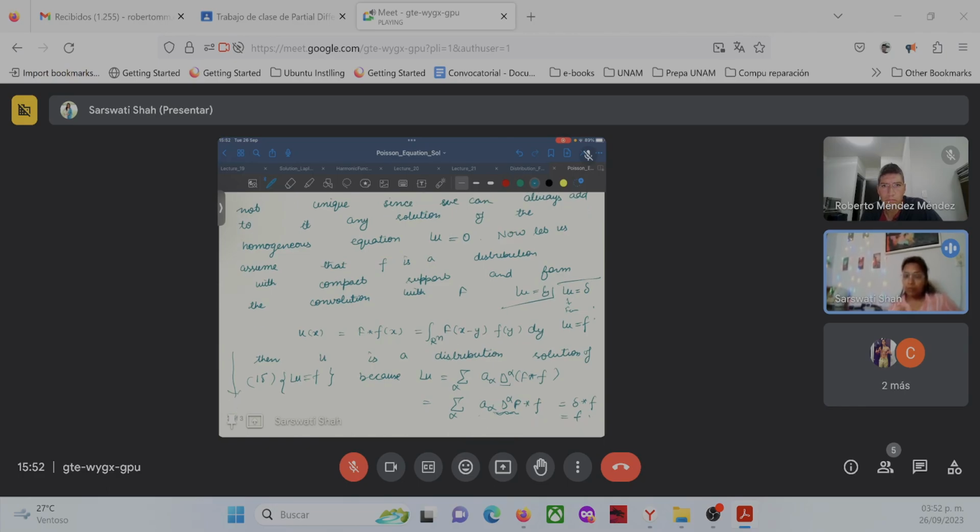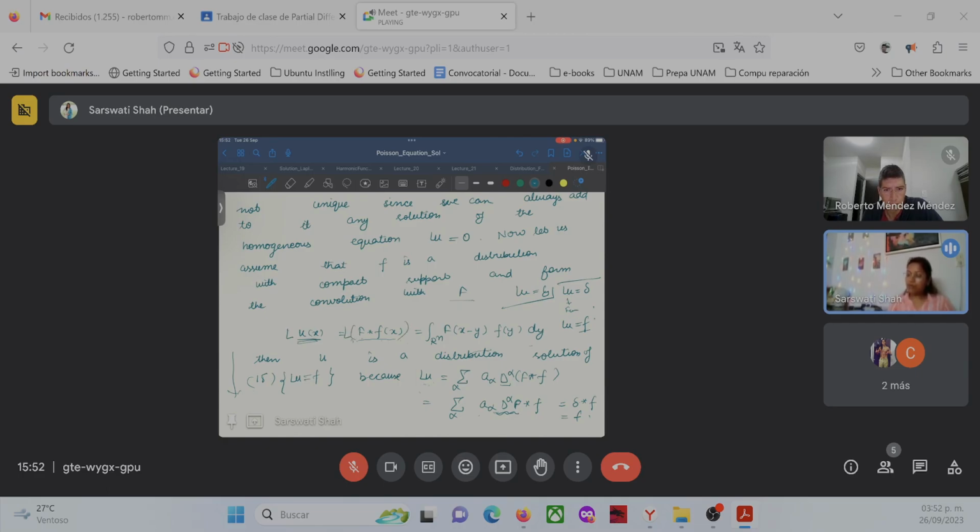Now one property has been used of this non-homogeneous term, that f is a distribution and it has compact support, and it forms a convolution with F. If we are able to write this in that way, then u will be F star f of x, and this is a distribution solution of 15, because as soon as you apply operator L here, that operator will be applied here.